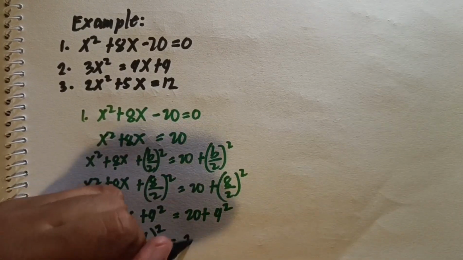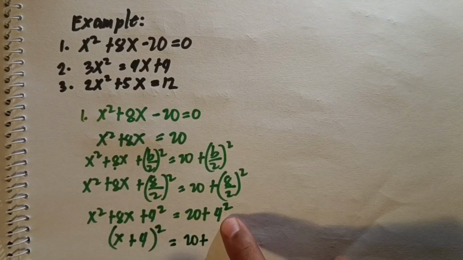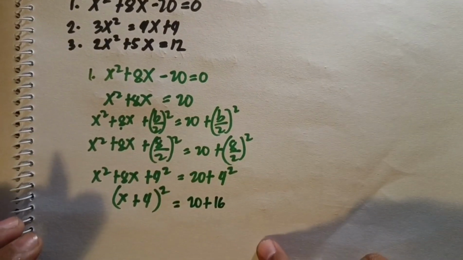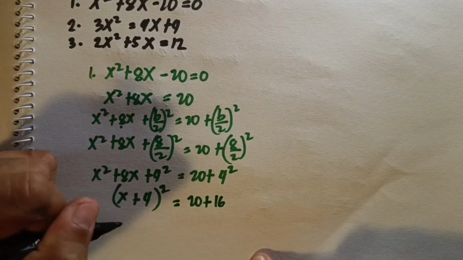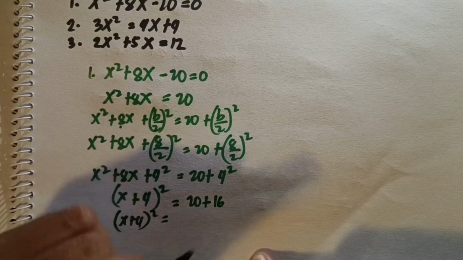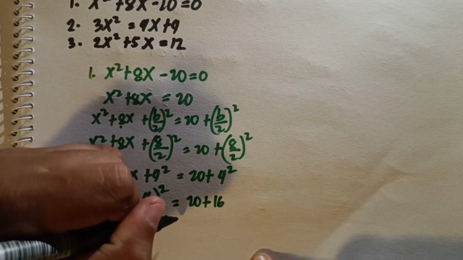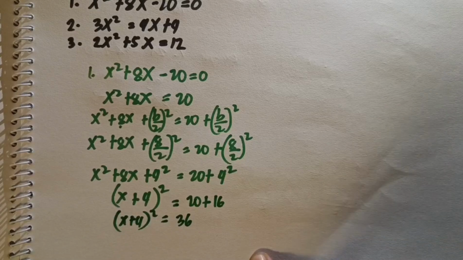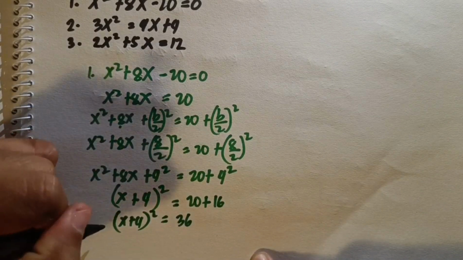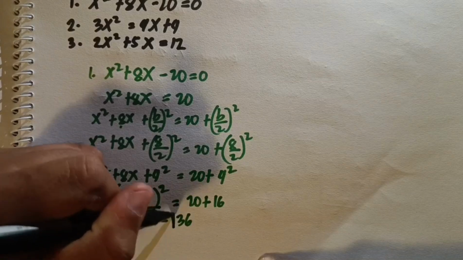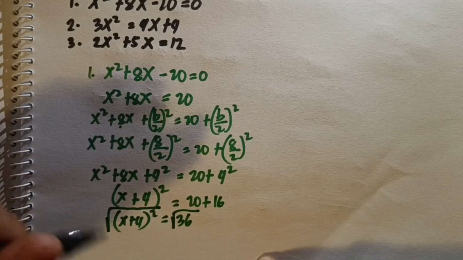Then 20 plus 4 squared is 16. So x plus 4 squared is equal to 20 plus 16, which is 36. So now we are going to extract the square root. So applying extracting the root, we take the square root of both sides.